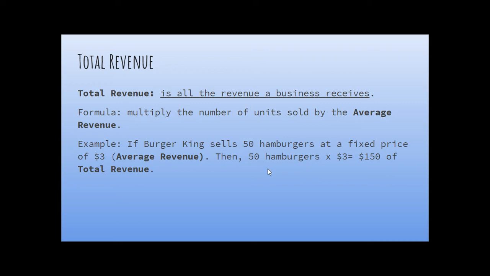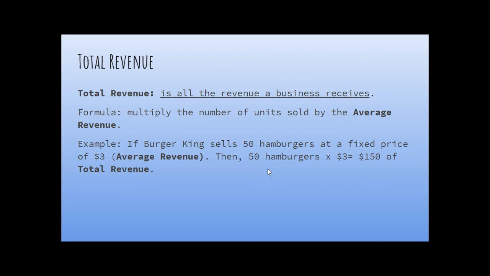Say McDonald's sells 50 hamburgers one day, and they sell them at a fixed price for revenue of, say, $3.